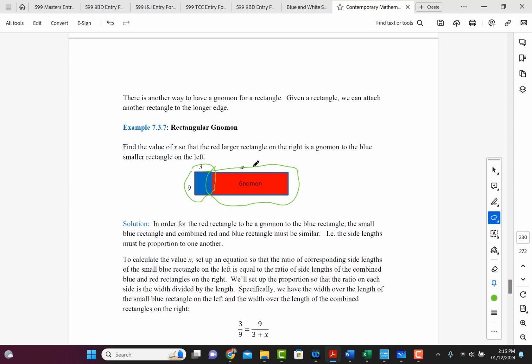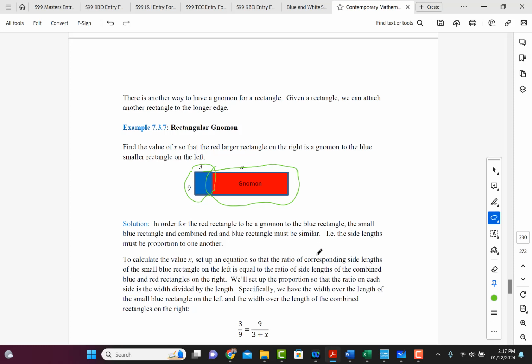So in other words, 3 plus x over 9 has to equal 3 over 9, right?